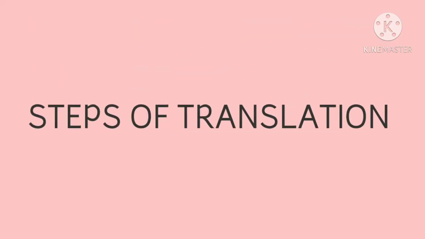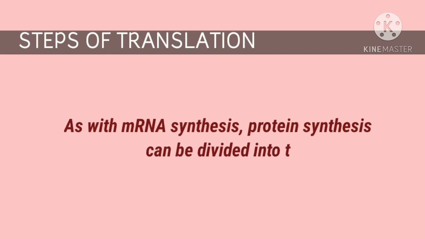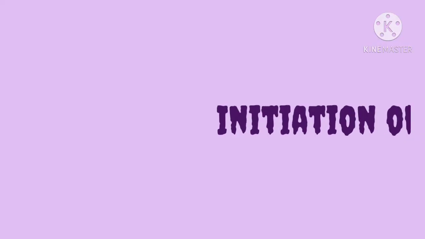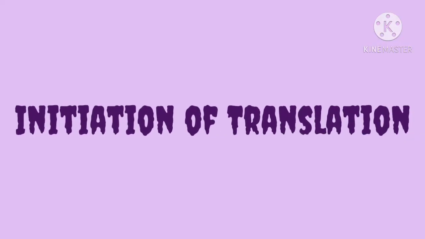Steps of translation. As with mRNA synthesis, protein synthesis can be divided into three phases: initiation, elongation, and termination. The process of translation is similar in prokaryotes and eukaryotes. Initiation of translation.